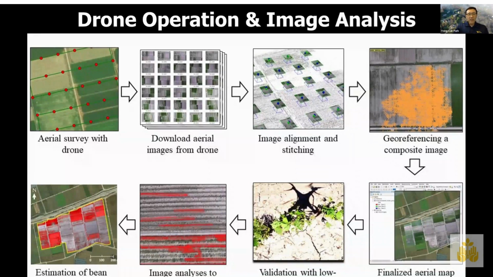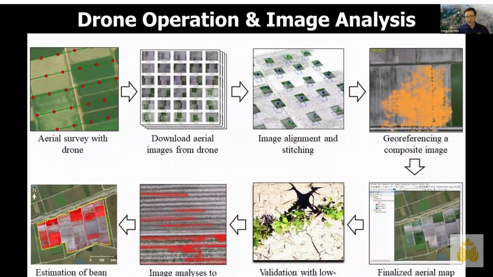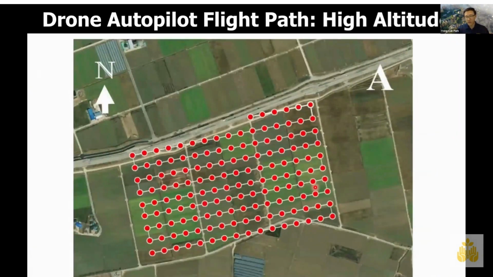I'll go into a little more detail about the autopilot. This was the flight path of our drone. It flies in a serpentine pattern, again automatically. The first flight is about 50 meters above the ground, and the second flight was a really low altitude flight, 5 meters above the ground.